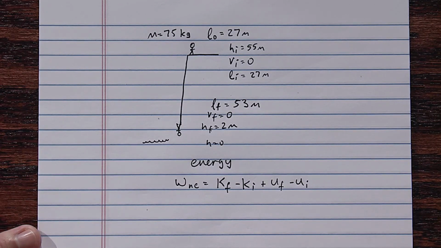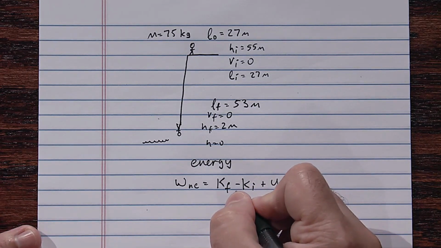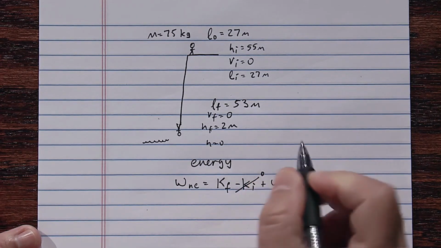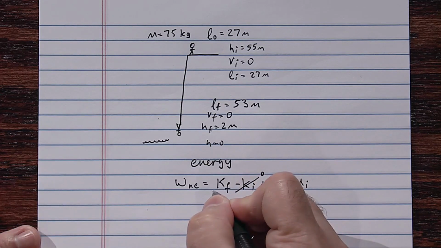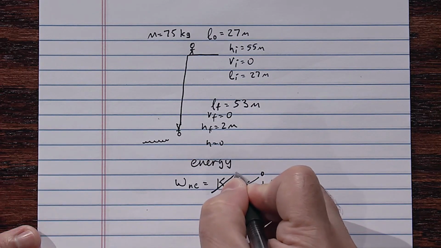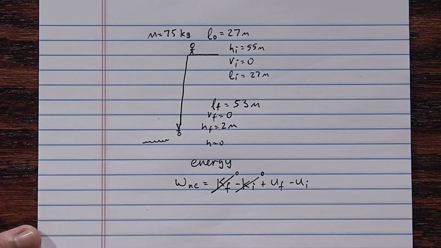Well, we can zero out the initial kinetic energy because George is not moving to begin with. We can also zero out the final kinetic energy because he's not moving at the end. So those are both zero.